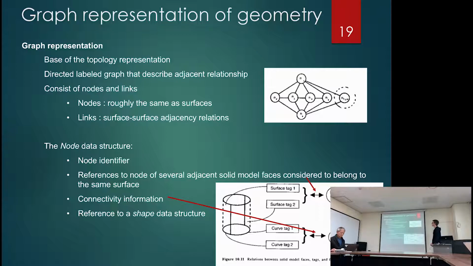But there's also a graph that's easier. Case of representation composed of nodes and links. It basically represents a surface, and each link represents the relation. Each link the adjacent surfaces.